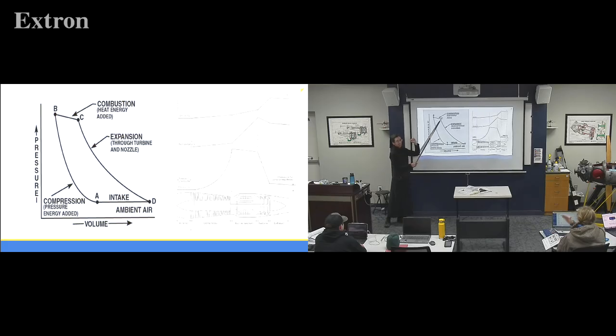Kirk mentioned it. It doesn't go back. Right, so you don't have backflow, so we keep going the correct direction. And now we add a whole bunch of heat energy, and we've got massive expansion, so increase in volume, but our pressure is dropping, because we are extracting that energy with the turbines. And then it goes out the exhaust, and we come back to intake.